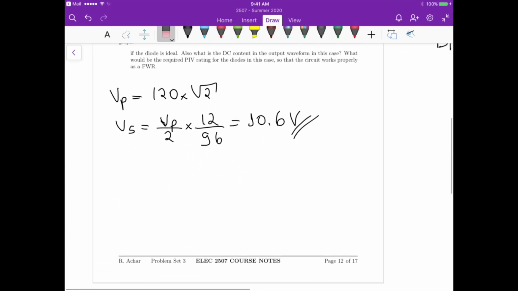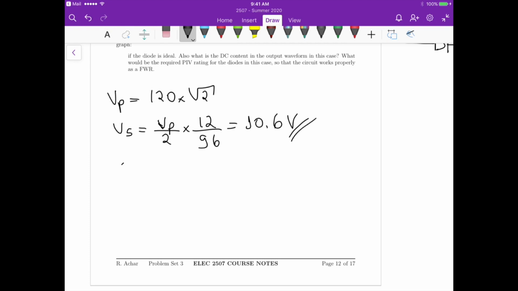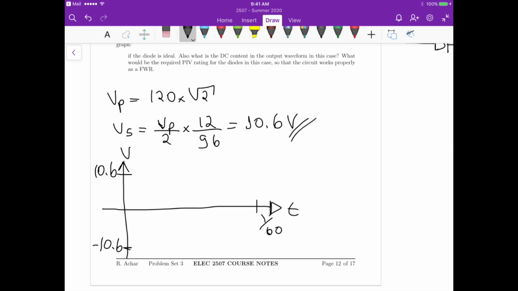So if we would draw the input voltage versus the output voltage in the same graph, we have 10.6 here, minus 10.6 here. This is voltage, this is time. Again, 1 over 60 for a full period, 1 over 120 for half of the period. We have the input here, right?